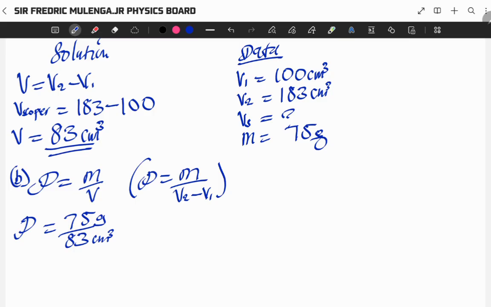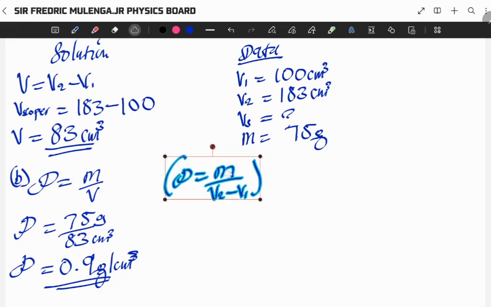So we go ahead and solve that on our calculators. This just gives me the density of 0.99 grams per centimeter cubic. Okay, even if I use this one, I'll still have the same answer.